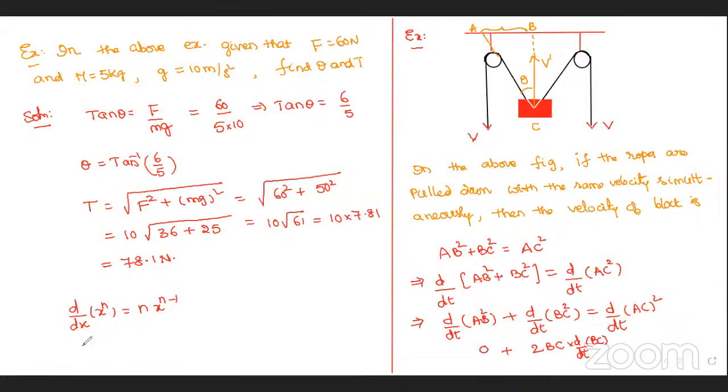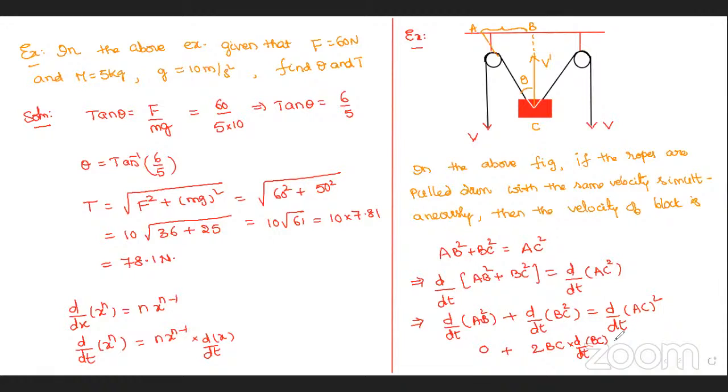If the variables are not the same, d by dt of x power n is n x power n minus 1 into an extra d by dt of x. N is 2, so 2 into BC power 2 minus 1, that is BC. So 2 BC, and since BC and dt are not the same terms, I have to write the extra d by dt of BC.